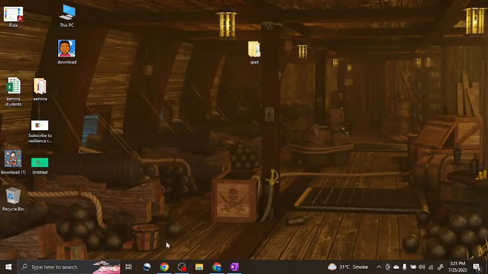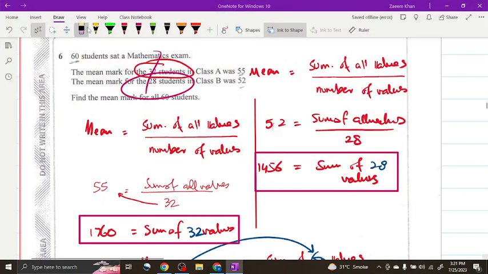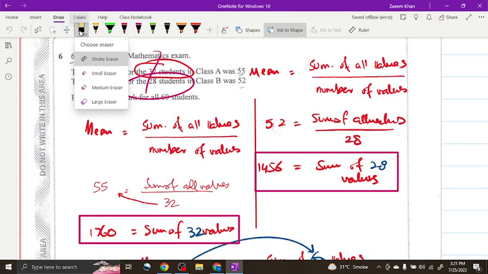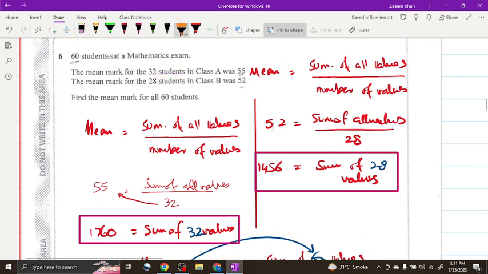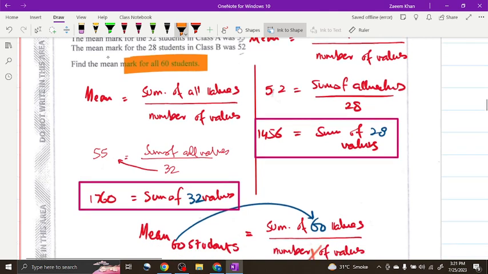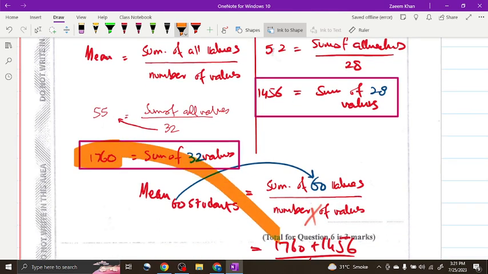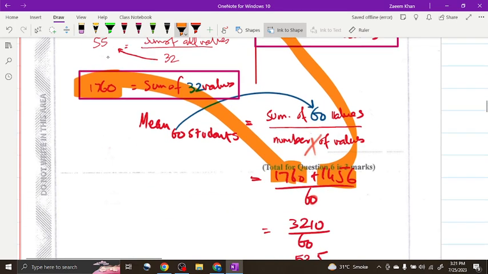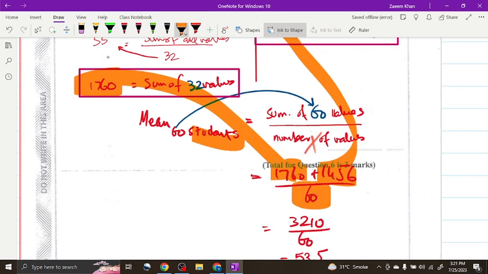And then you can find the mean with them. So you add them both up, and that's the sum of values for all 60 students. Perfect. We're going to add both of these up, and we're going to divide it by what number? 60. Beautiful. That is going to give us the mean of 60 students.